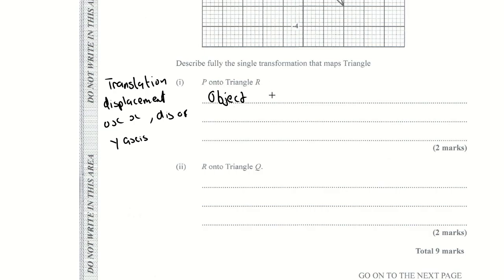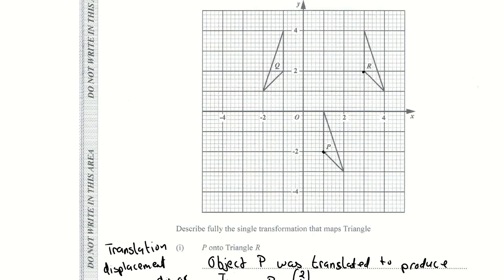I would say object P was translated to produce image R. You could put 2 and then 4 units upwards. I believe it was 4 units upwards: 1, 2, 3, 4, right?